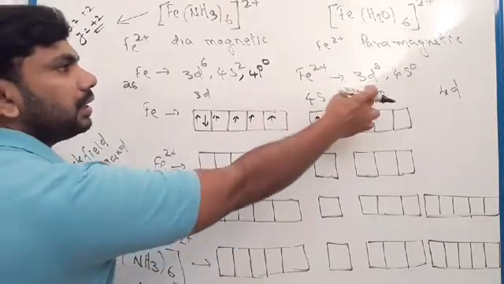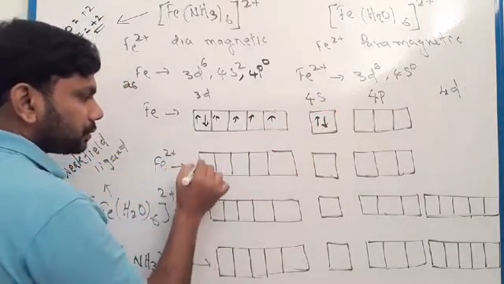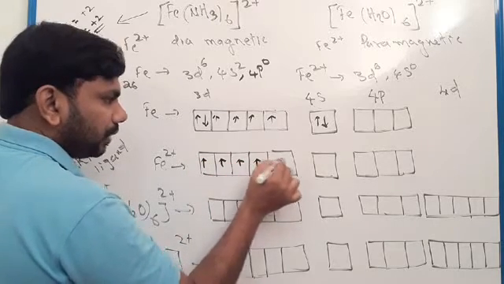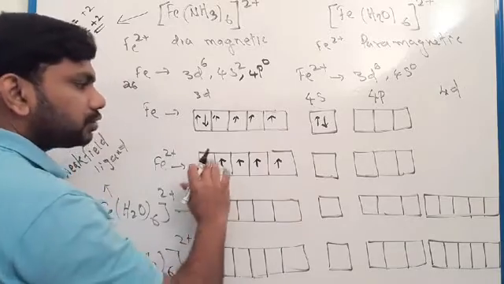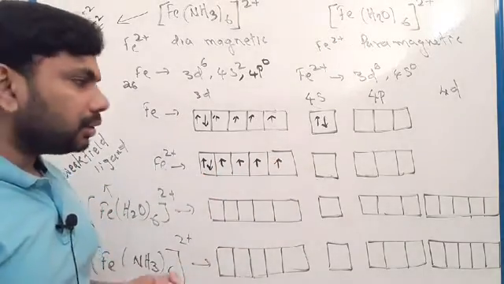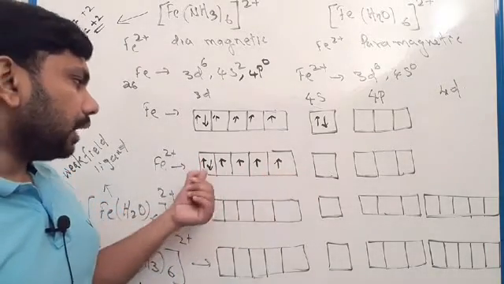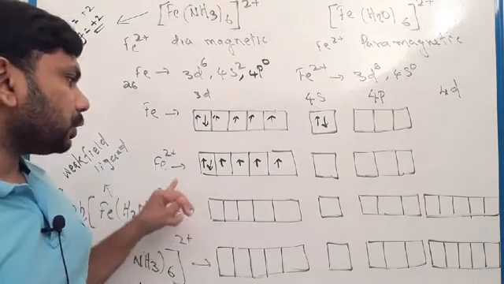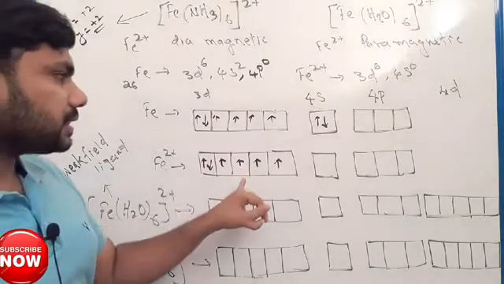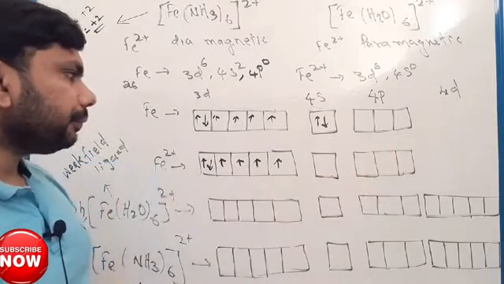Fe2 plus means here 4s0, so there is no electron. So 1, 2, 3, 4, 5, 6. You have to make all of them complete, and only then can you pair. You have to make it full, then you have to pair it. So this is Fe2 plus. Fe2 plus means there is 3d6 and no electrons in 4s and 4p.